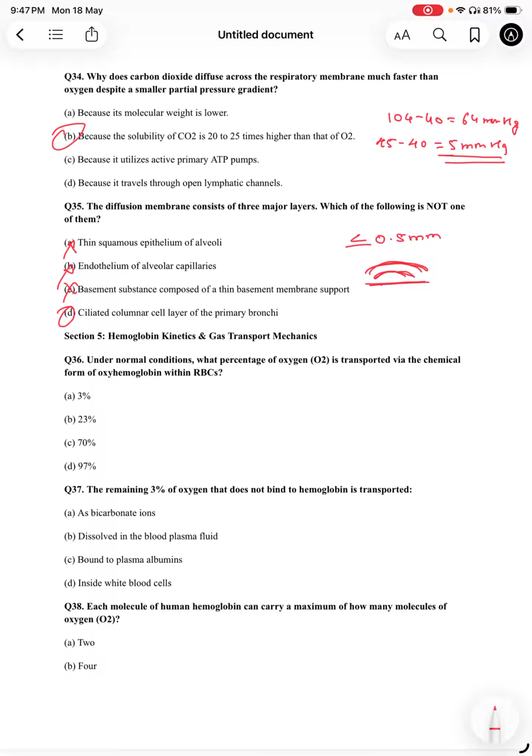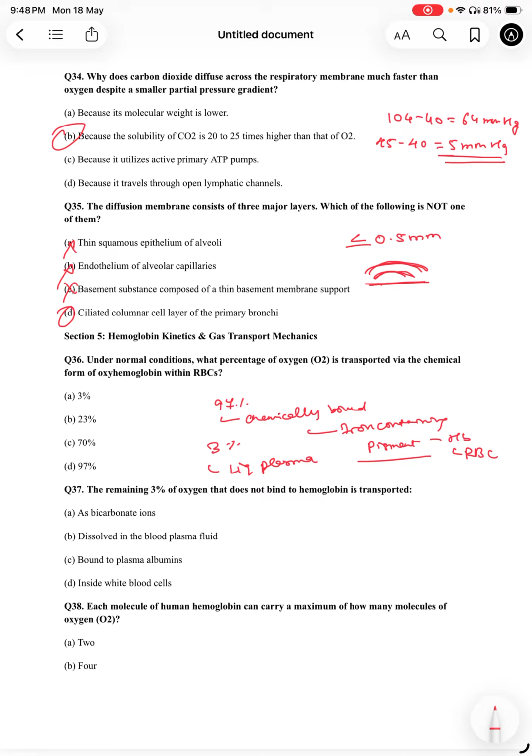So oxygen transport occurs within two routes. 97%, what happens is it is chemically bound to an iron containing pigment, okay, which is known as hemoglobin, and it is within the RBC. While there is the remaining 3% that is dissolved in liquid plasma.